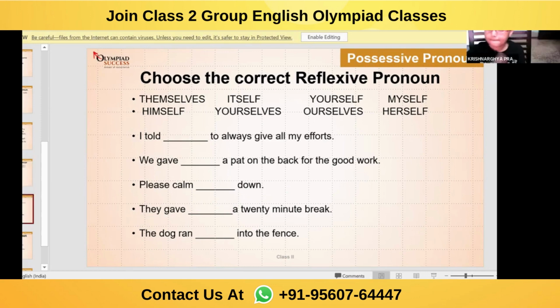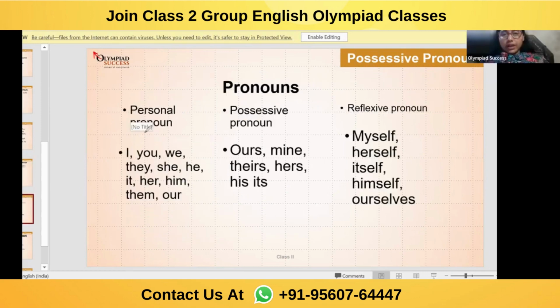Great, good. So in pronoun, we have done three kinds of pronouns: personal pronoun, possessive pronoun, reflexive pronoun. In personal pronoun, I, you, we, they, she, he. This is subject pronoun that we use in the starting of the sentence. Next is her, him, them.